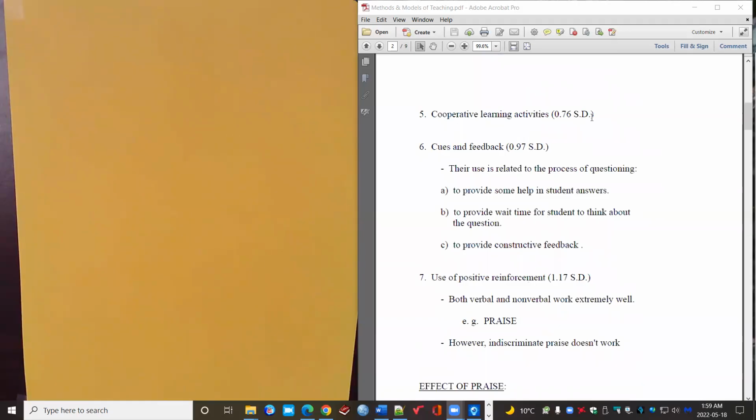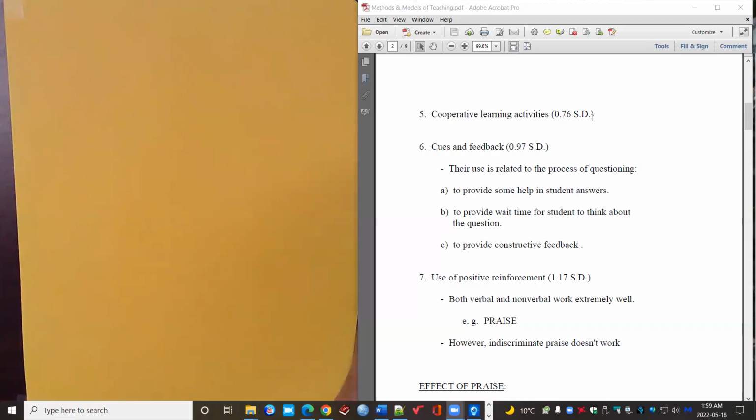And cooperative learning activities, 0.76 standard deviation better than the control group. So here is to employ small group techniques in the classroom in which students are encouraged to participate in achieving cooperative objectives.